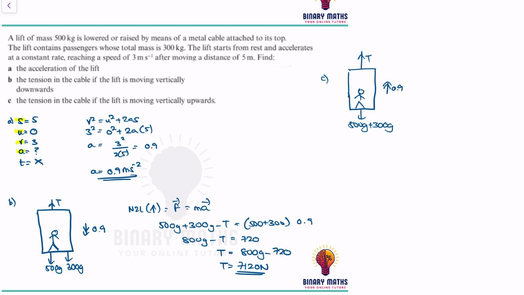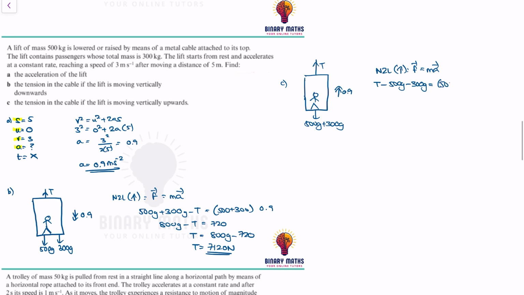So now if I do Newton's second law vertically, F is equal to m times a, then because it's moving up, it'll be T take away 500 g take away 300 g will be equal to total mass, which is 500 plus 300, times acceleration, which is 0.9, which means T minus 800 g must be equal to 720, which means T must be equal to 800 g plus 720, which must be equal to 8,560 newtons.